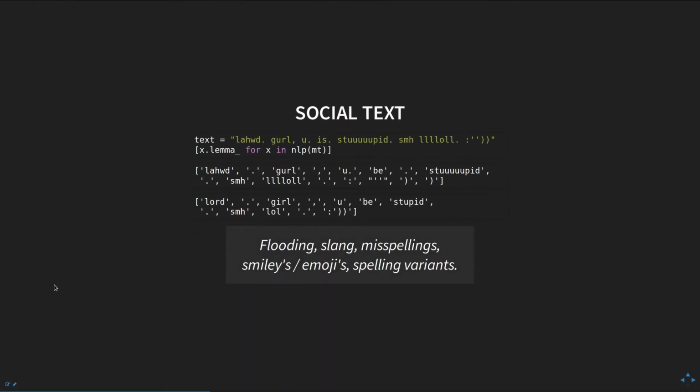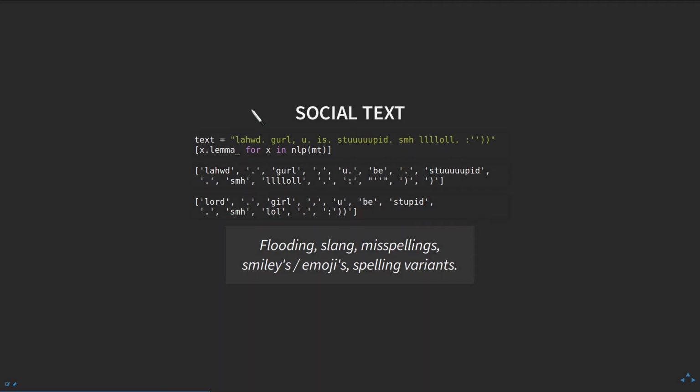Now you can imagine that with social media text, this kind of pre-processing becomes even more important. And this is quite obviously due to the fact that there is a lot of spelling variation in social media text. A lot of the words can be garbled, they can be written in a specific style. We have to deal with slang, certain variants of spelling that are maybe within a certain dialect or a certain region or a certain age group.